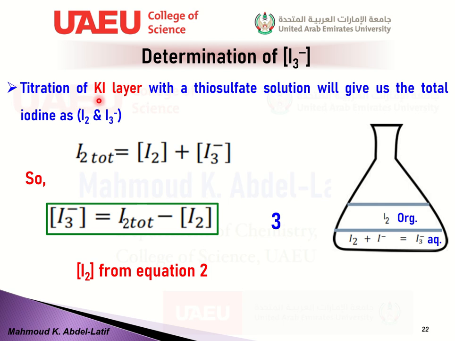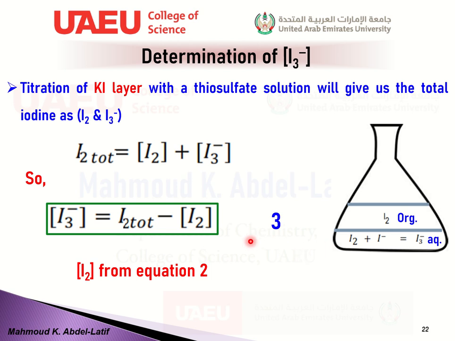Titrating the KI layer with thiosulfate solution will give us the total iodine, the molecular iodine plus tri-iodide. So the total iodine, which you got from the titration, equals the molecular iodine plus tri-iodide. The molecular iodine we got from the previous equation number 2, and the total we got from titration, so we can determine the concentration of the tri-iodide.